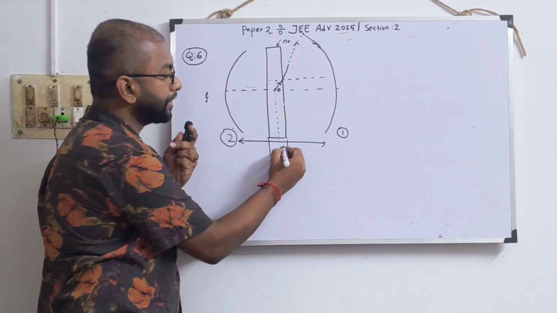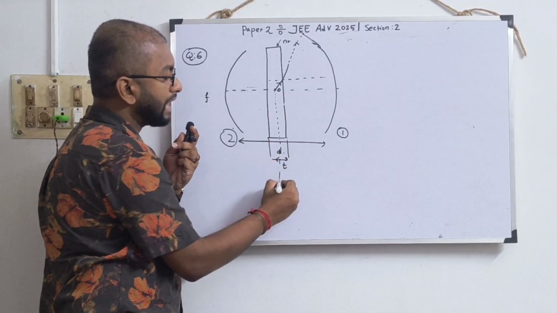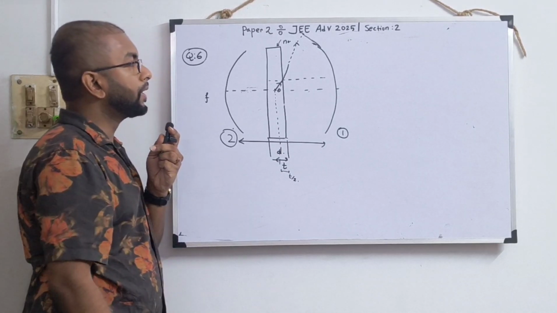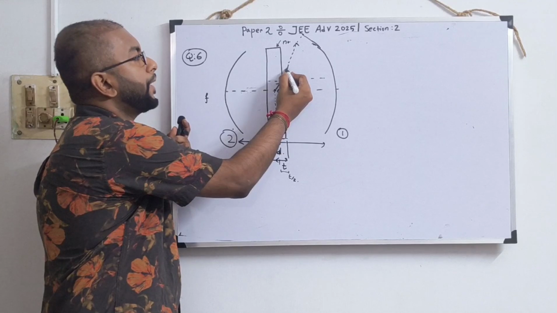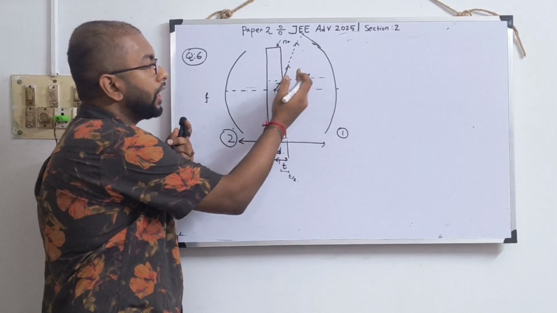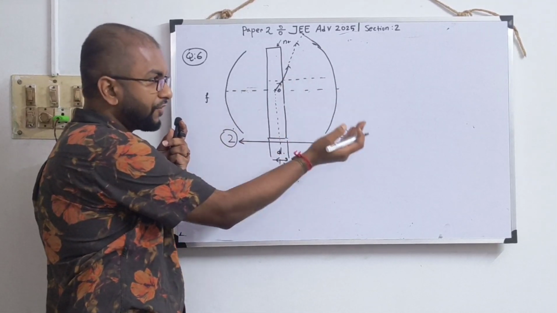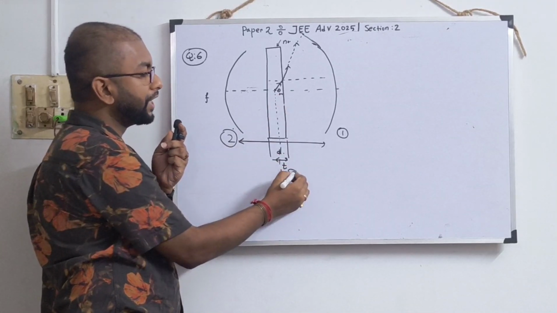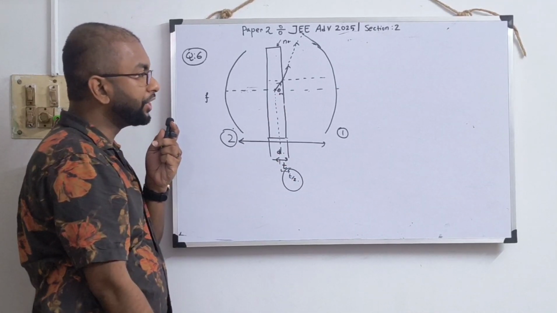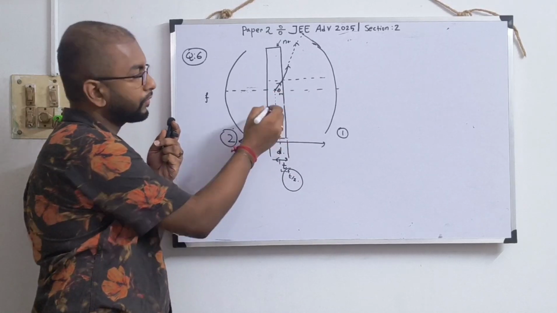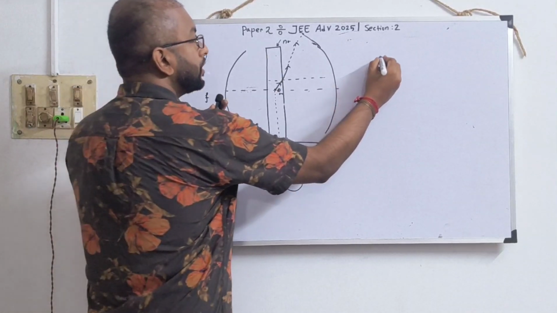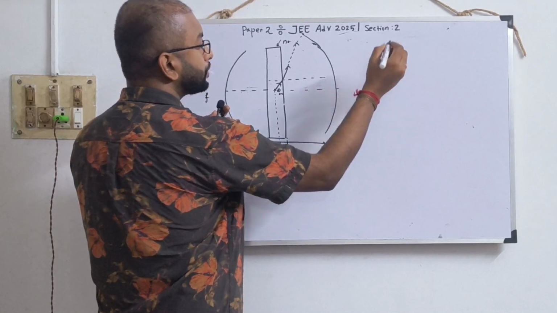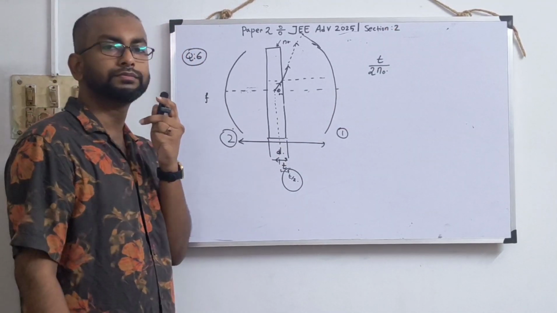Actual object distance is t by 2 from the slab surface. But as the light is bending away from the normal, after the first refraction the image will appear at a lesser distance than t by 2. So what is the apparent distance from the surface to the object? Apparent distance will become t by 2 n naught.